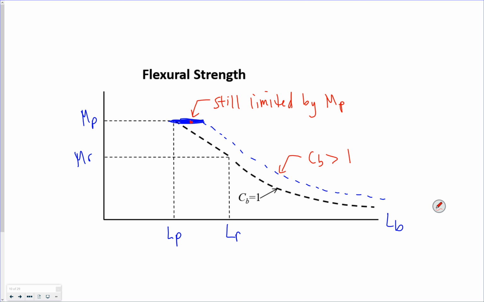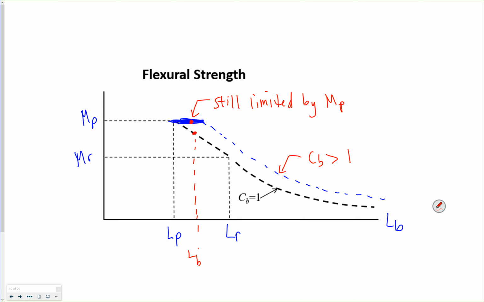If I'm in here somewhere, if this is the unbraced length of my beam, and it was a uniformly distributed moment diagram, meaning my compressive stress was the same along the entire length of the beam, I would have buckling before I reached that plastic moment.